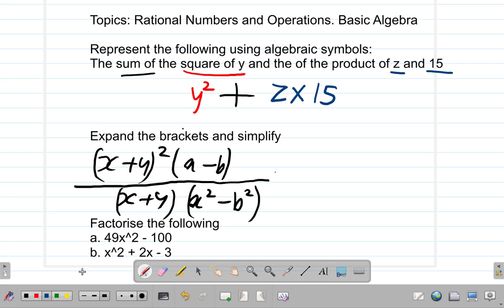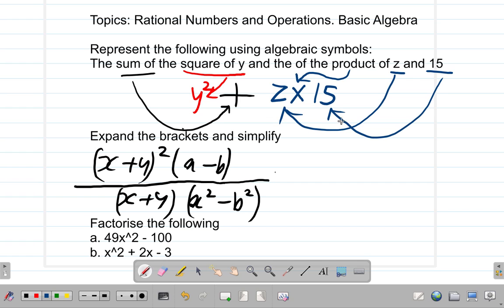See that? So here you have this sum. You're adding something. Of what? Of the square of y, which is y squared. And the product, you're going to multiply two things. Product of z and 15.